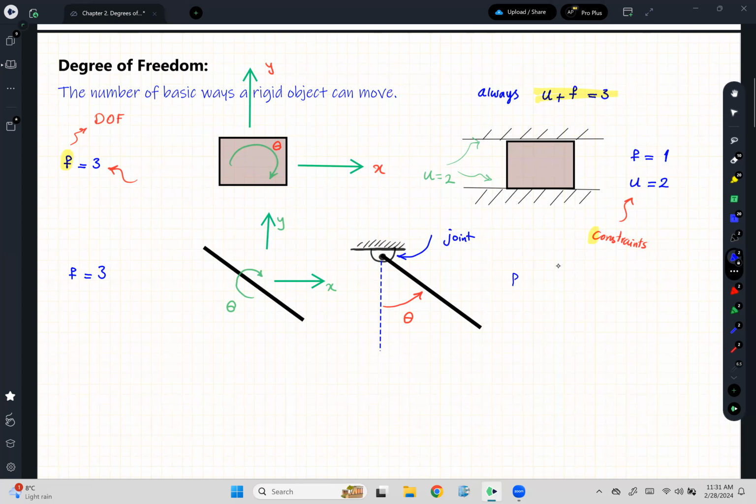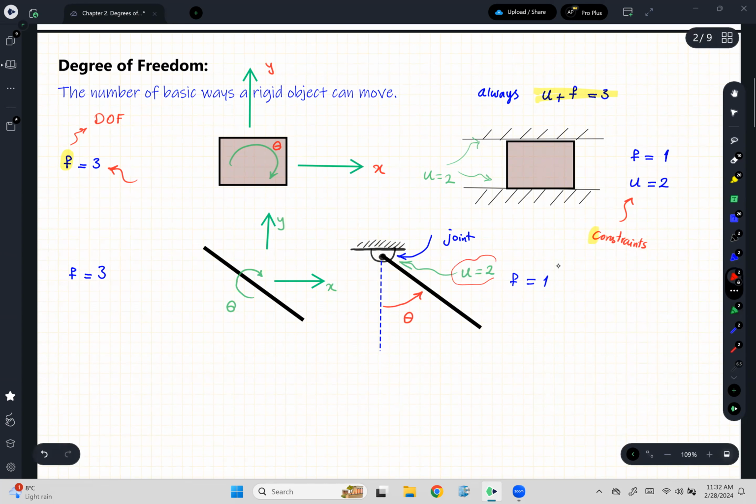So it has 1 degree of freedom. Therefore, we say that this little joint created a U equal to 2, because remember, always U plus F must be equal to 3.